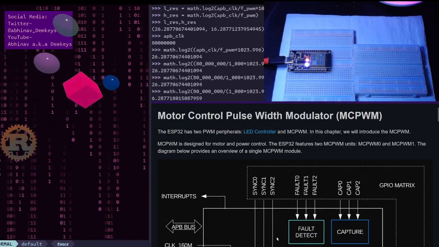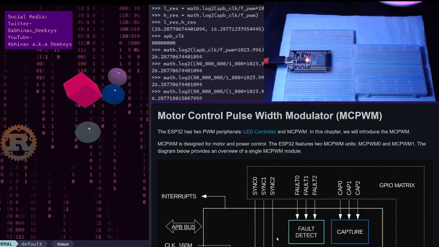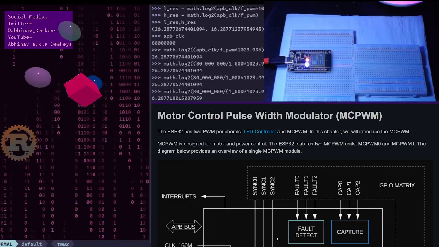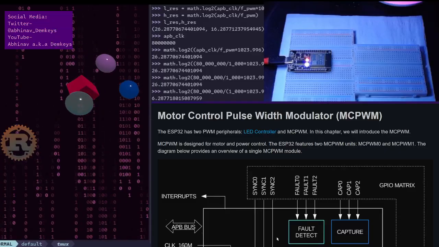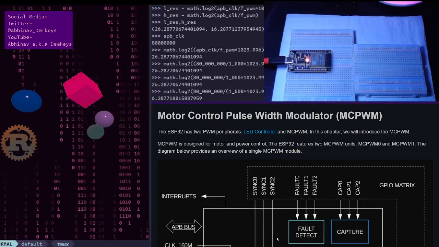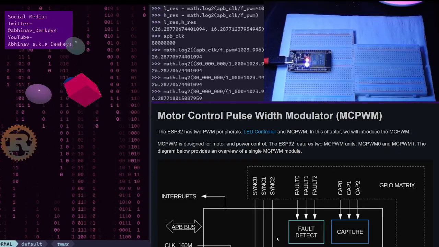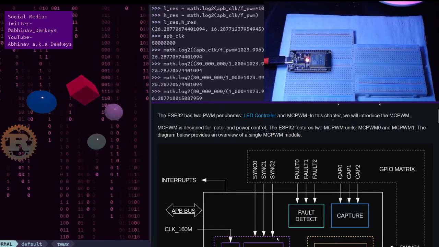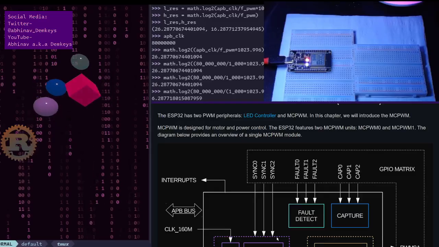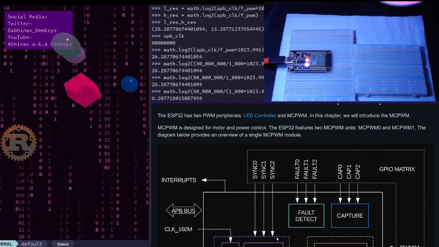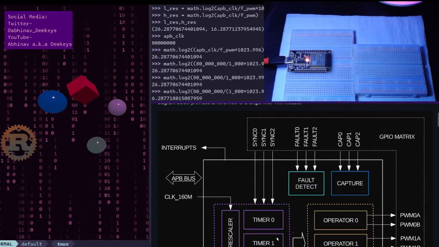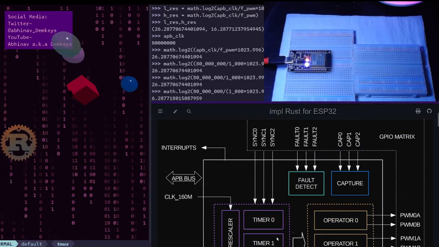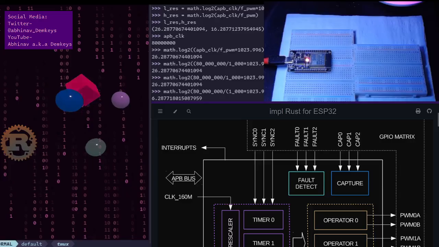But that being said, we can now move on to motor control pulse width modulator. The ESP32 has two PWM peripherals, LEDC and MCPWM. In this chapter, we will introduce the MCPWM. MCPWM is designed for motor and power control. The ESP32 features two MCPWM units, MCPWM0 and MCPWM1. The diagram below provides an overview of a single PWM module. Okay, APB bus, we get the clock.